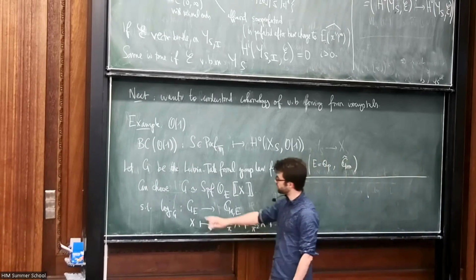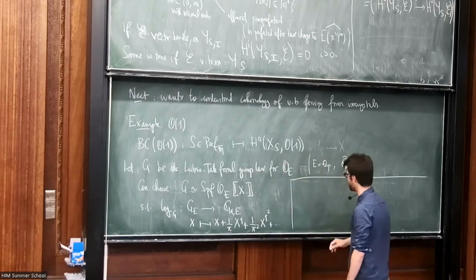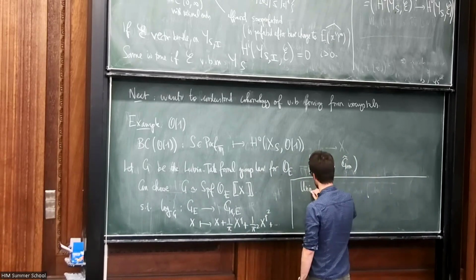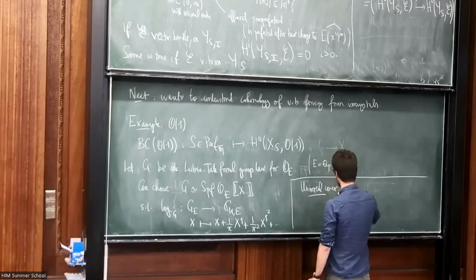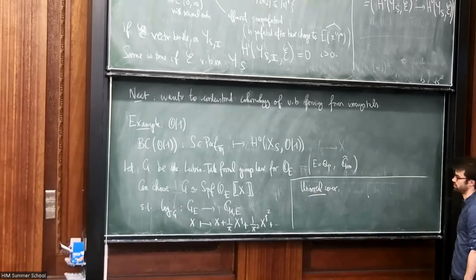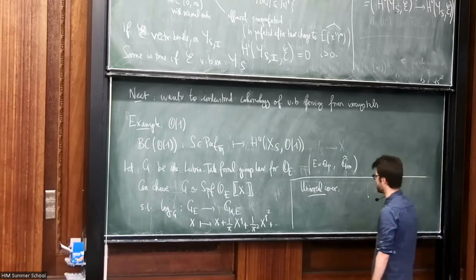So I don't want to work with G directly, but rather I want to form its universal cover, in the category of group objects in formal schemes.